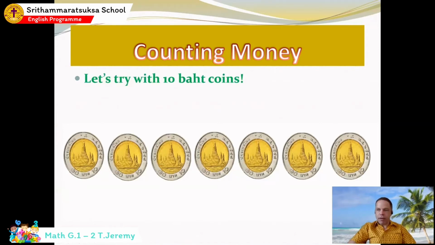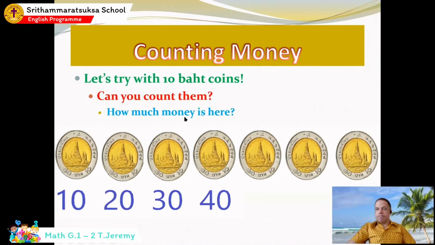Let's try with 10 baht coins. So now, instead of counting by twos, we are going to count by tens. So the first one is 10. The second one is 20. The third one is 30.